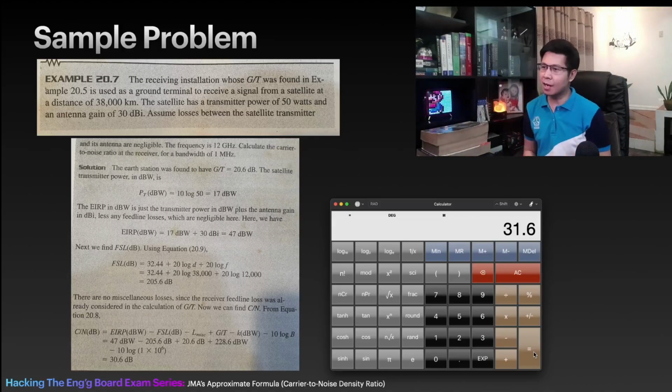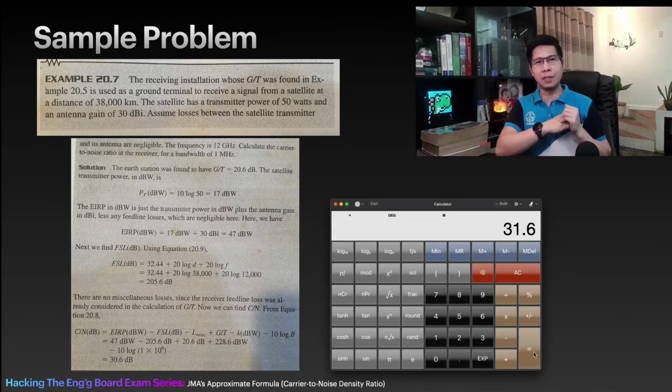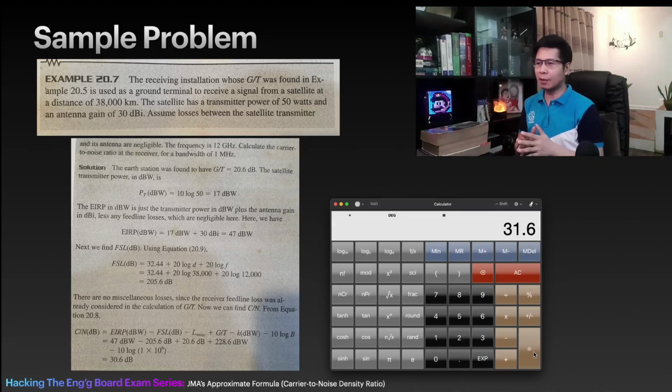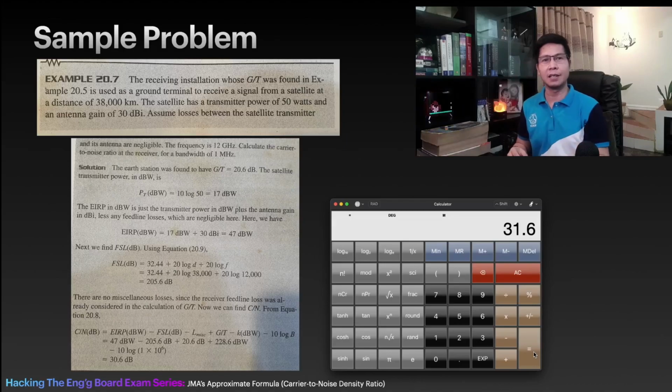So, ang sagot sa board exam is 30.6. Ang sagot ko is 31.6 dB. So, pag nakita mo yan sa board exam and then sinolve mo using approximate formula, wala pang 10 seconds yun, nakuha mo na yung sagot. Magkakalayo naman yung choices. Sabi ko nga sa inyo kanina, pag gagawa ka ng choices na naka-dB, dapat somehow i-consider mo yung pag-transform from unitless to dB.